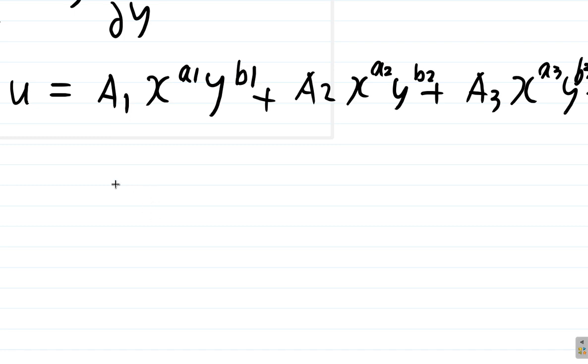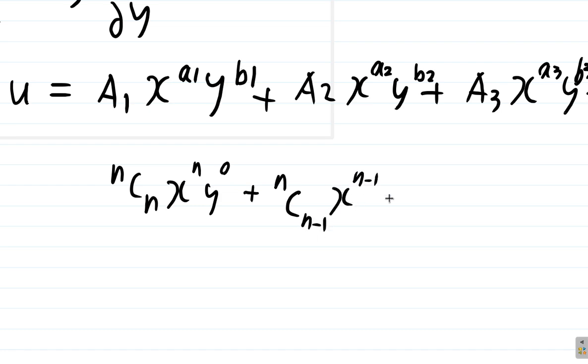Where you had something like nC0, or say nCn, x to the n, y to the 0, plus nC(n-1), x to the n minus 1, y to the 1, plus nC(n-2), x to the n minus 2, y to the 2, plus, and so on and so forth.